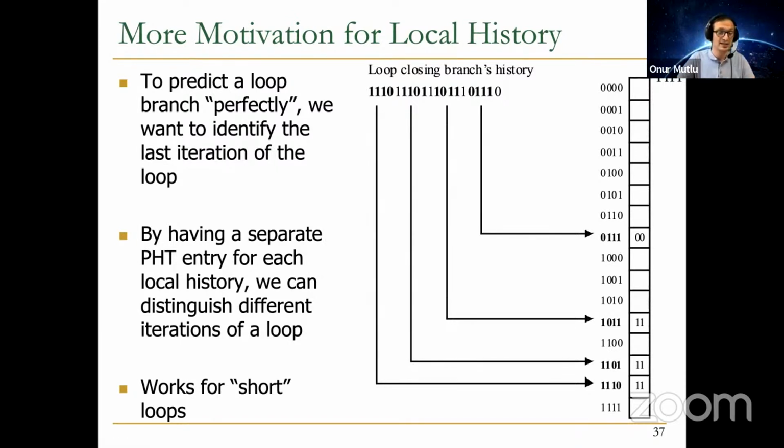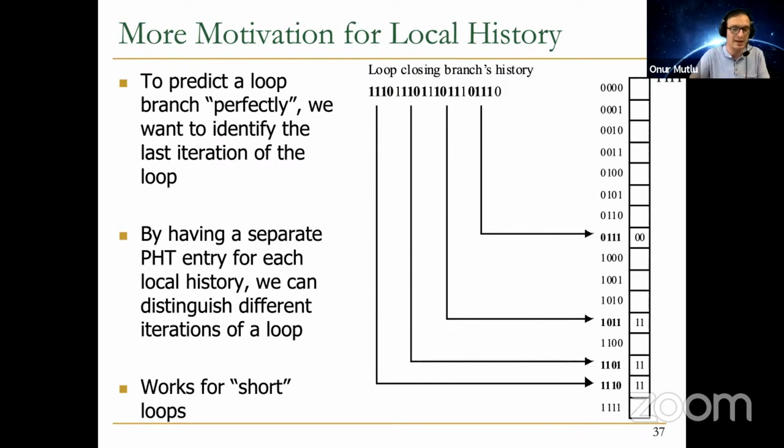So this is not easy to accomplish in a 2-bit counter or an n-bit counter state machine. You really need to know the history of which previous directions this particular branch went to identify the loop closing branch. We will later talk about loop predictors, which try to do this in a different way, but this is one reason why local history works.